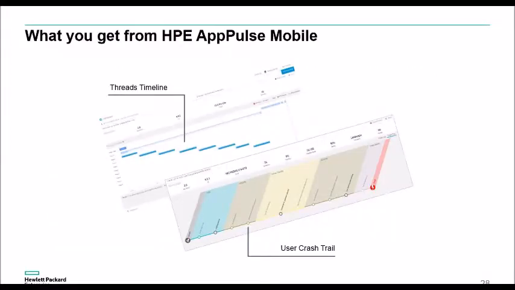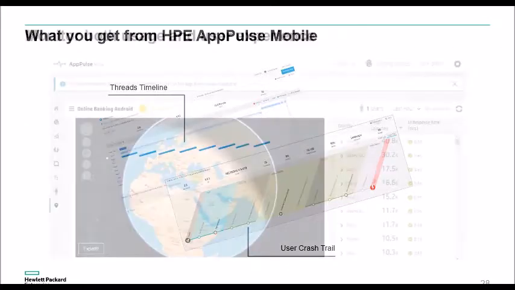So here are a few screenshots that you are getting from Apple's Mobile. You're going to get the different timelines, the different threads, but also the different crash trails. So capturing what actions actually led to a crash is something extremely valuable, as you want to replay it and refine your scripts.